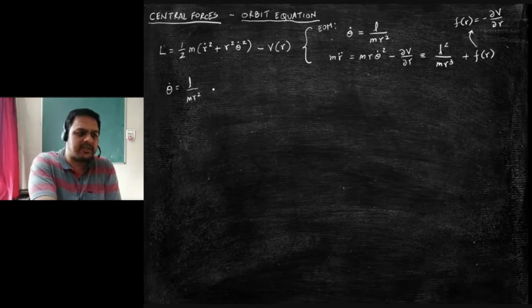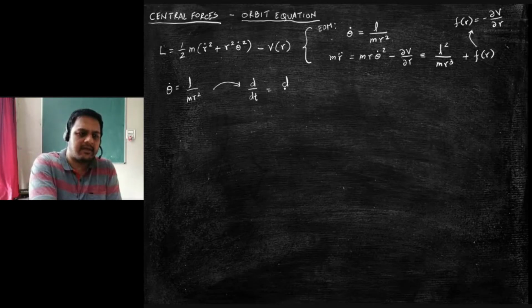And since we know this, we can also write the time derivative operator d by dt, which will be d by d theta into d theta by dt. D theta by dt is nothing but theta dot, and therefore this turns out to be L by mr square d by d theta.